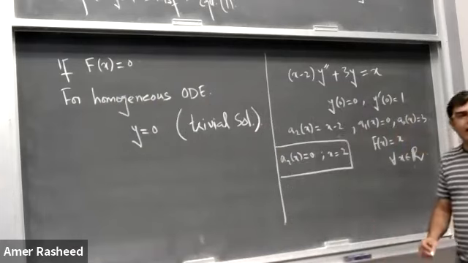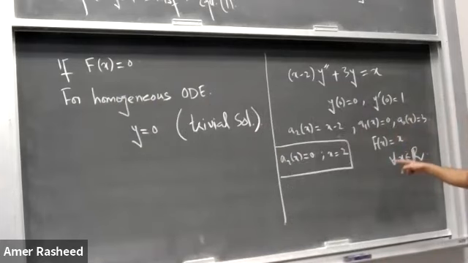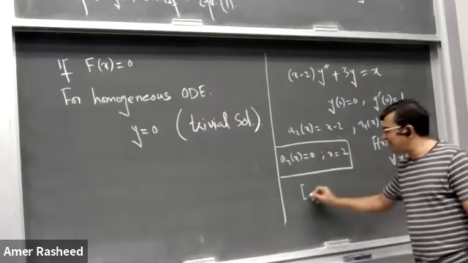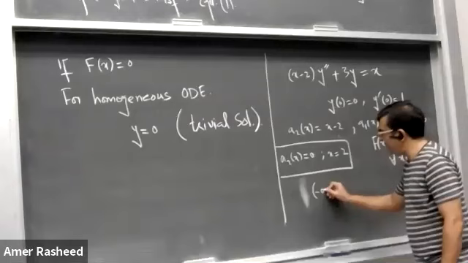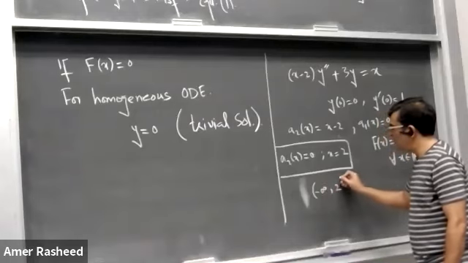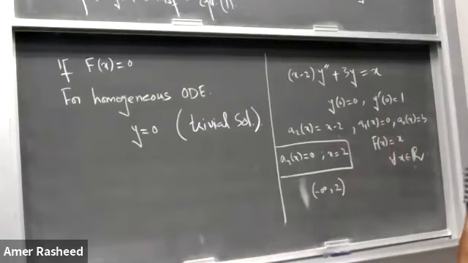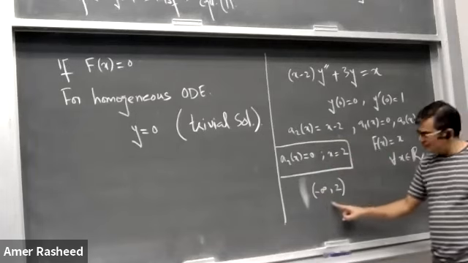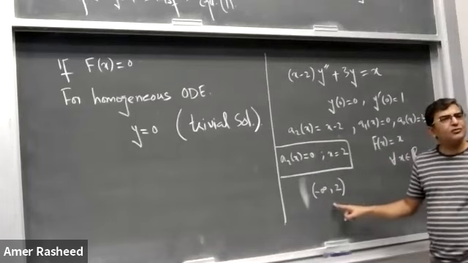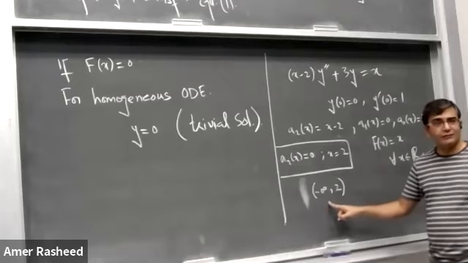Now, I'm going to narrow down this interval. Let's check on negative infinity to 2, this interval. Now, this function is not 0 for any value of x belonging to this interval.